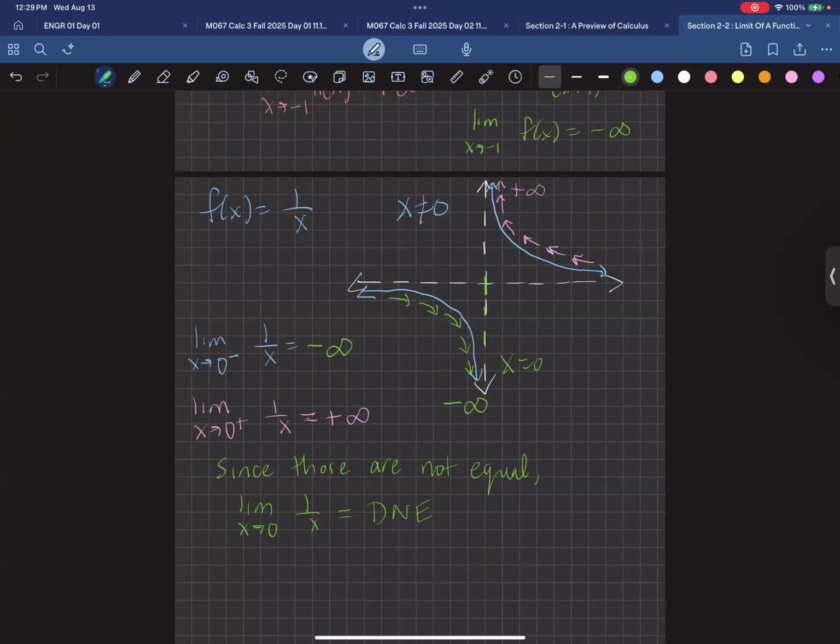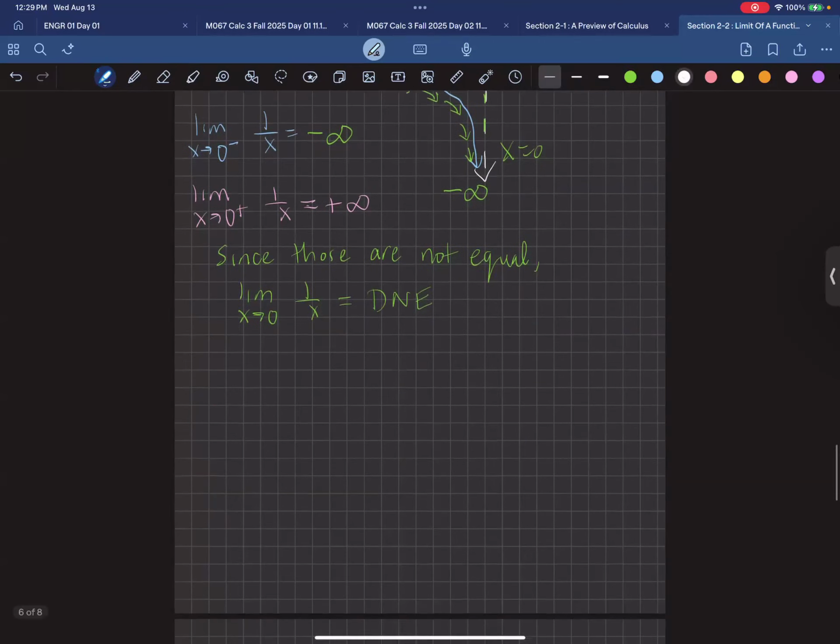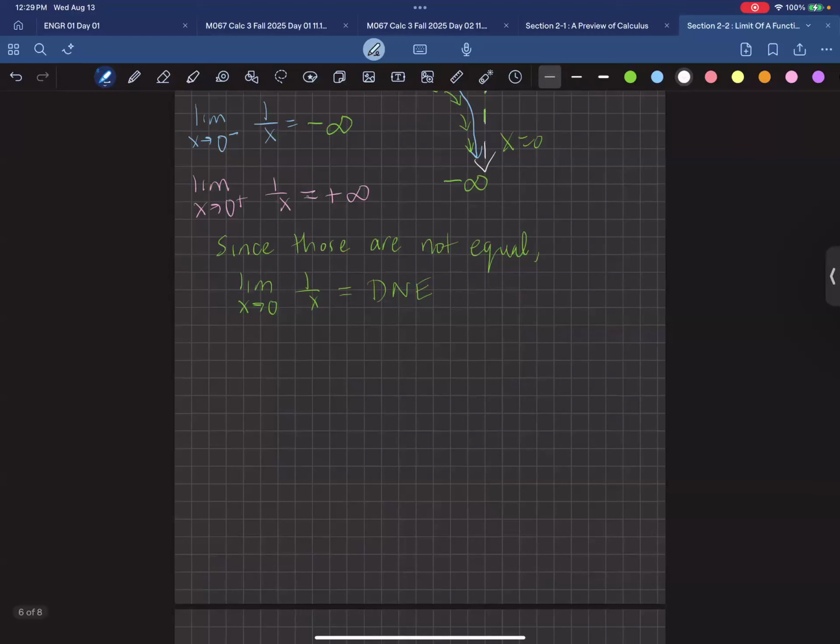You with me so far? I hope so. I hope you're pausing and taking notes as you need to. This is all in the category of f of x equals 1 over x minus a to the nth power.